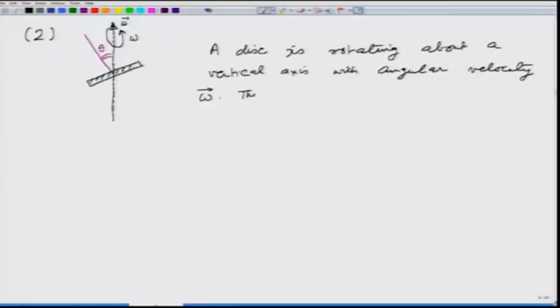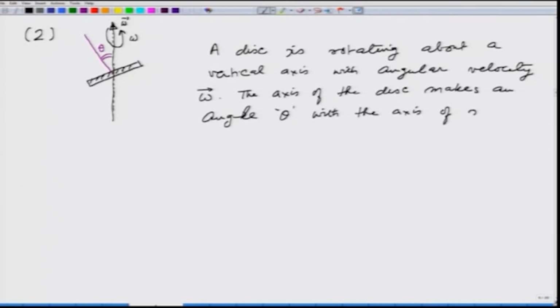The axis of the disk makes an angle theta with the axis of rotation.